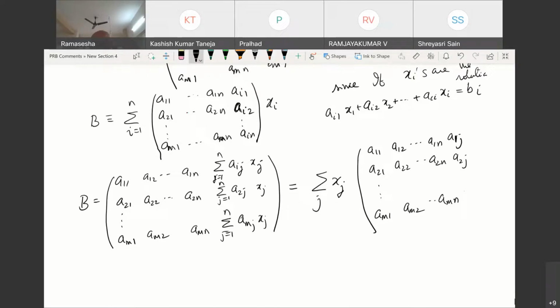So this is a full matrix, right? Because I can write the matrix as a sum of different matrices, where one of the columns is a sum of various elements. Okay, is this clear?